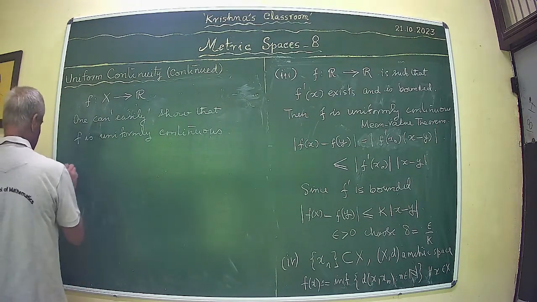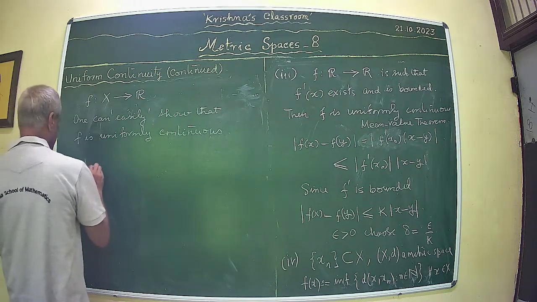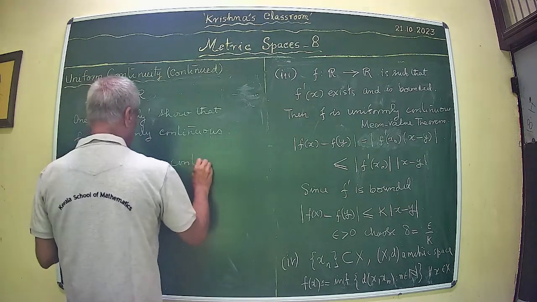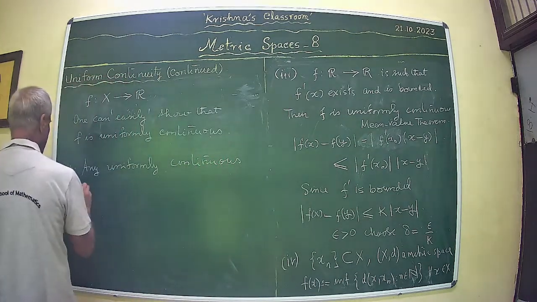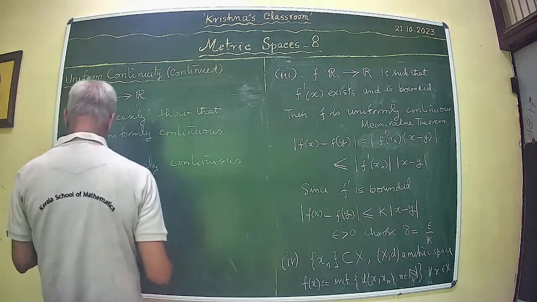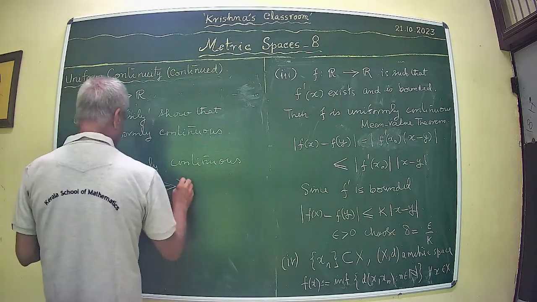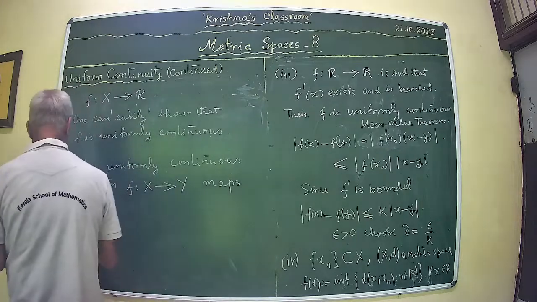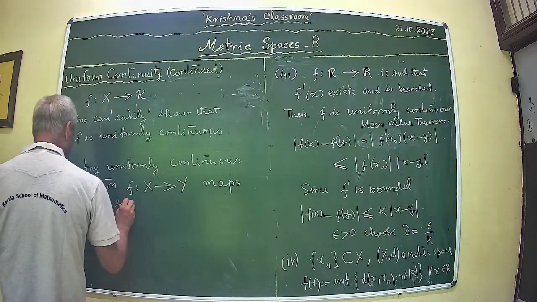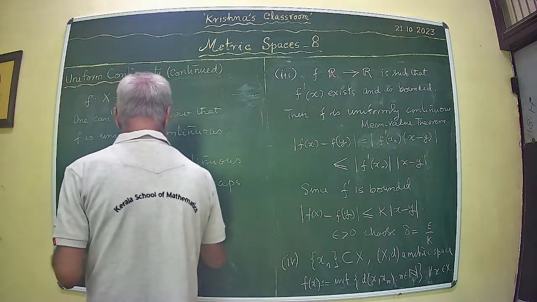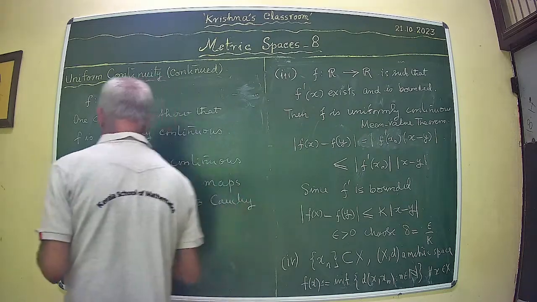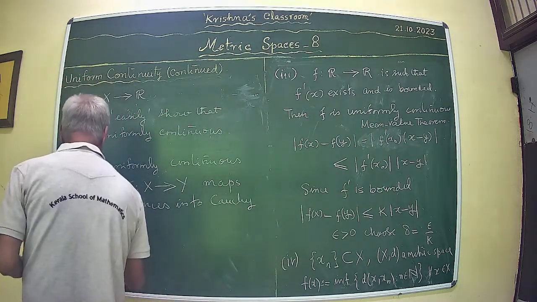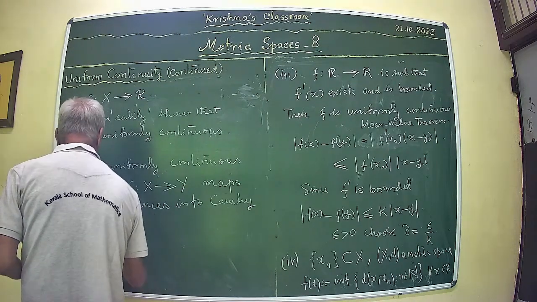Now one can show that as an application. So 3, 4. Any uniformly continuous function from x to y, where x and y are metric spaces, maps Cauchy sequences to Cauchy sequences. So this is simple. You estimate this.